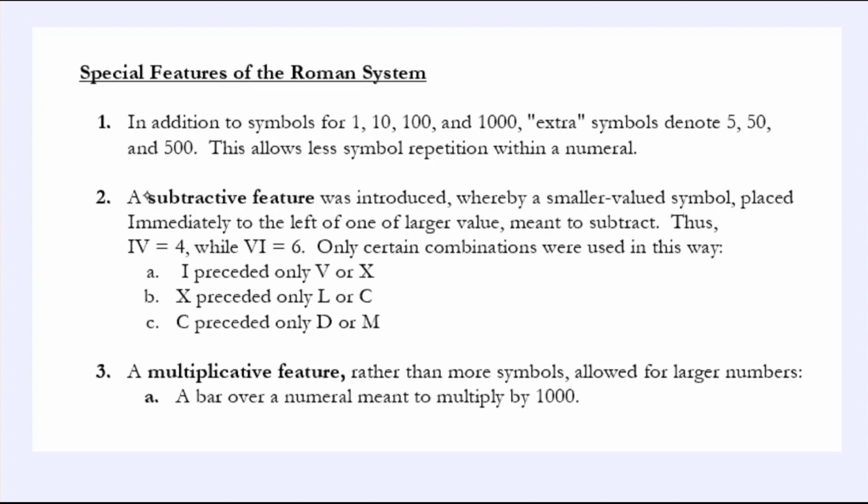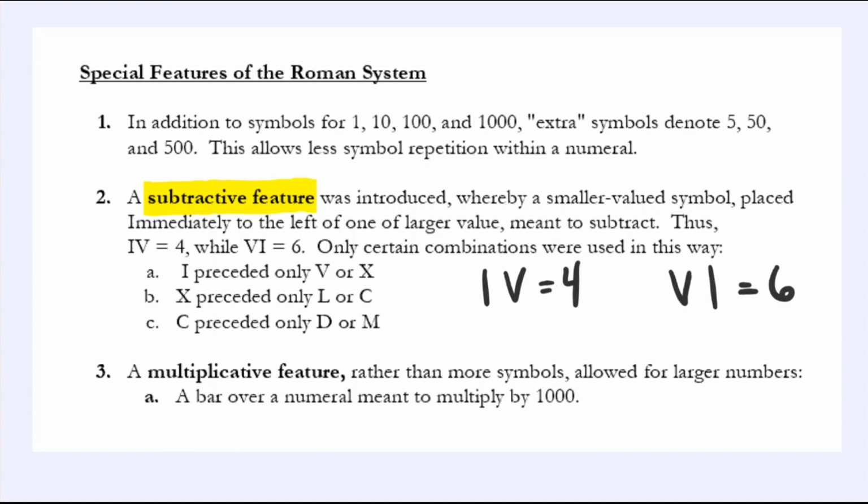Now, a subtractive feature, this is probably the key distinction of our Roman system, and we might have already been familiar with it just by the Roman numerals that we've seen in our daily life. For instance, if we saw the Roman numeral that looks like a 1 and then a V, that represents the number 4, whereas a V and then an I represents the number 6.